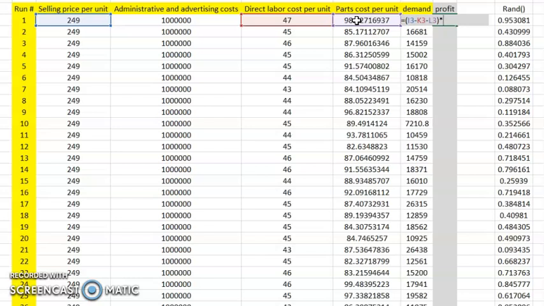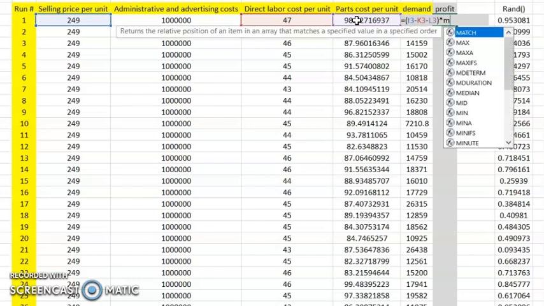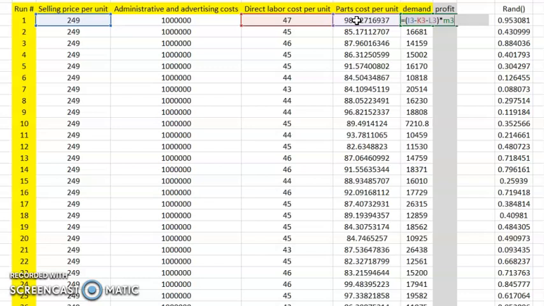The demand, that is M3, and all the things minus the administrative and advertising cost.